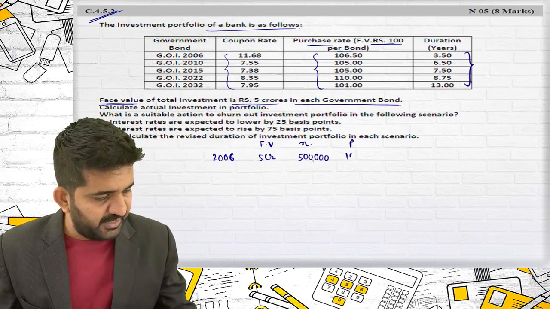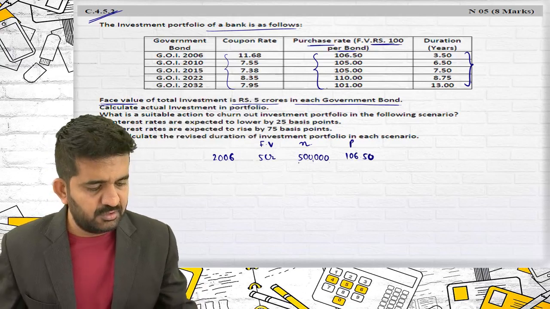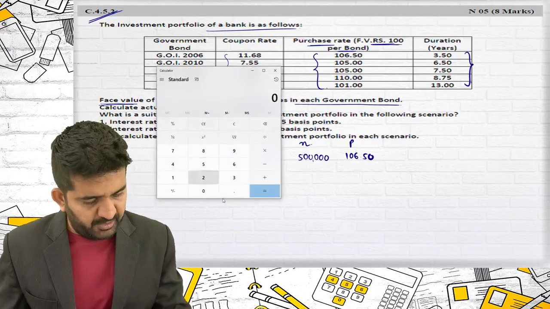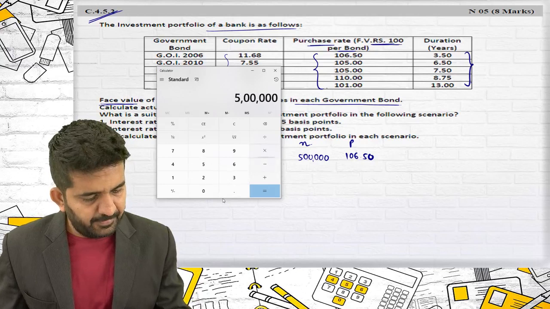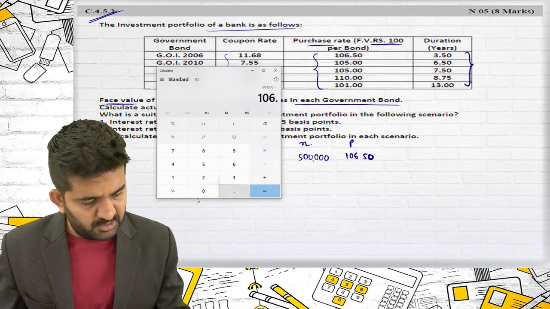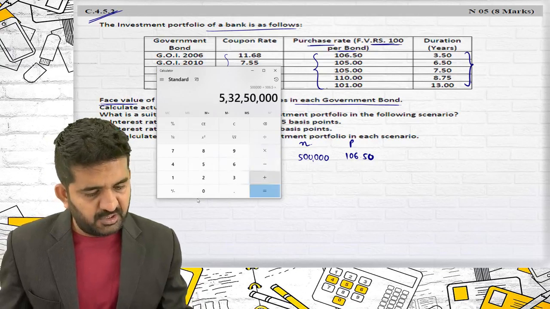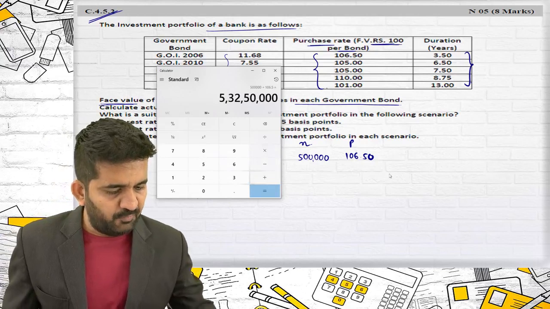What is the purchase price? 106.50. Is it alright? So how much in total are you holding? 5 lakhs into 106.50, which is nothing but 5.325 crores.